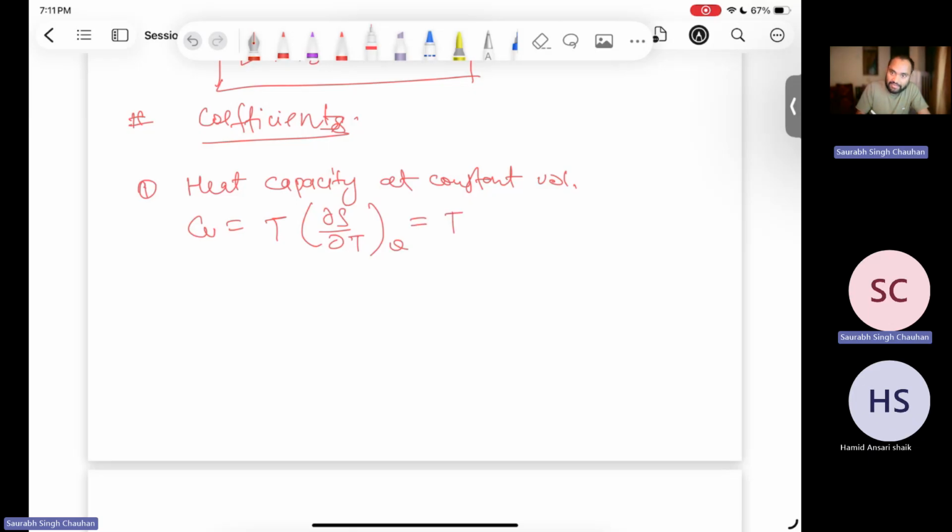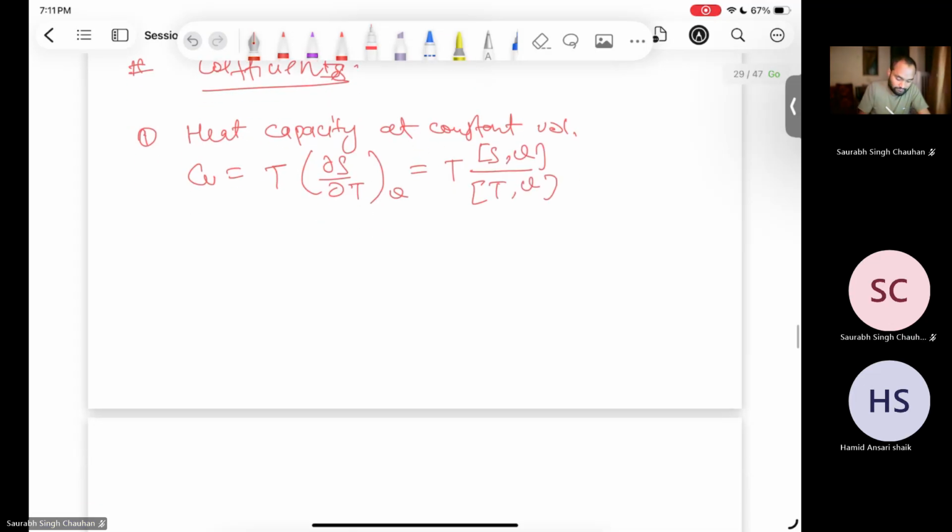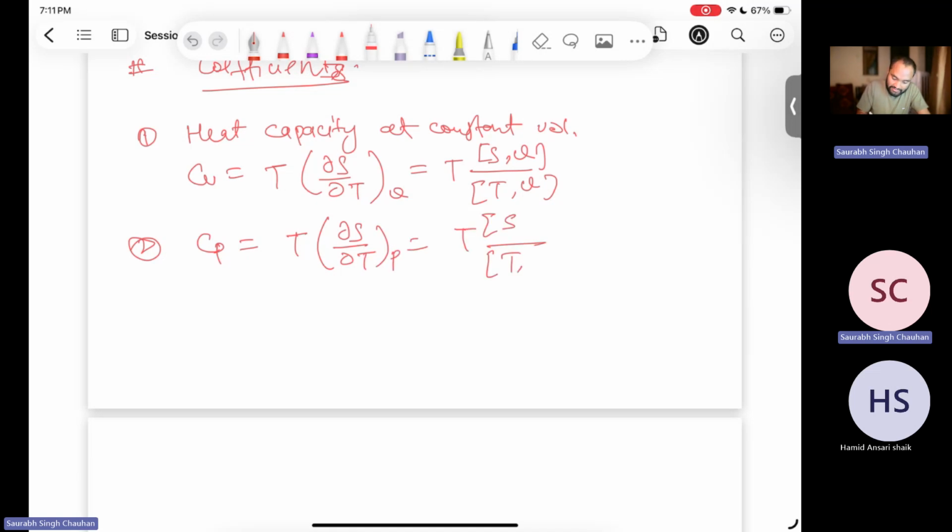This we can write T times S by T, and V will be repeated. Correct. Similarly, specific heat at constant pressure: T del S by del T at constant P. So T times S by T, and in the place of V, it will be P.